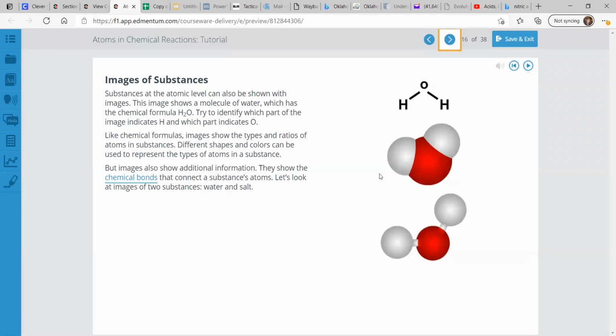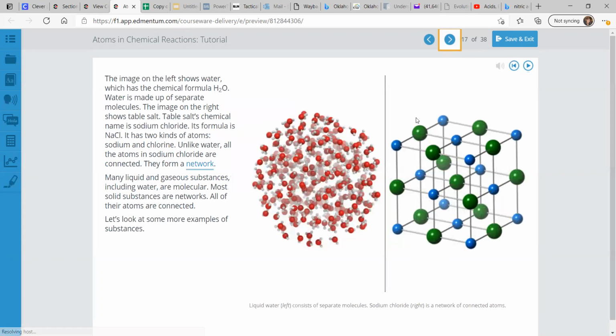And you can also learn about the chemical bonds that connect a substance's atoms. And we can look at that in the next page. So here we have liquid water on the left and sodium chloride. You can see how one looks more structured, crystalline, and the water is a bit more jumbled and messy.